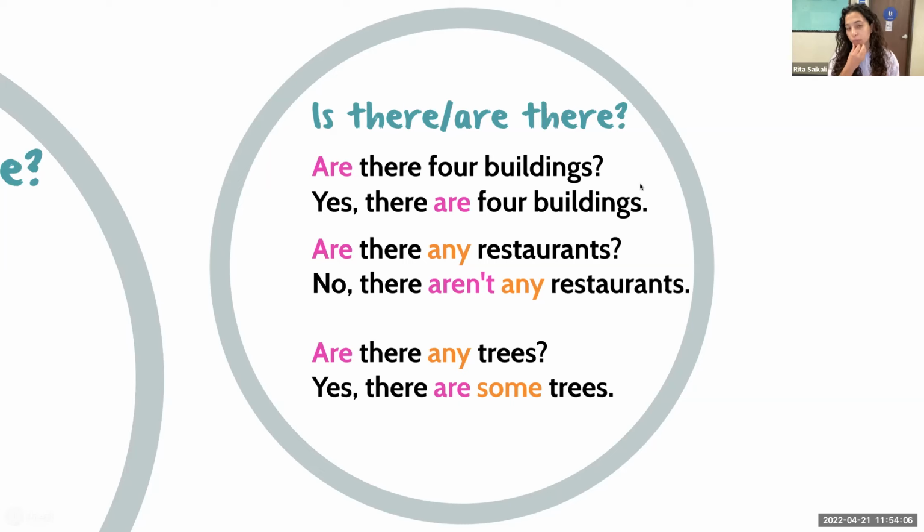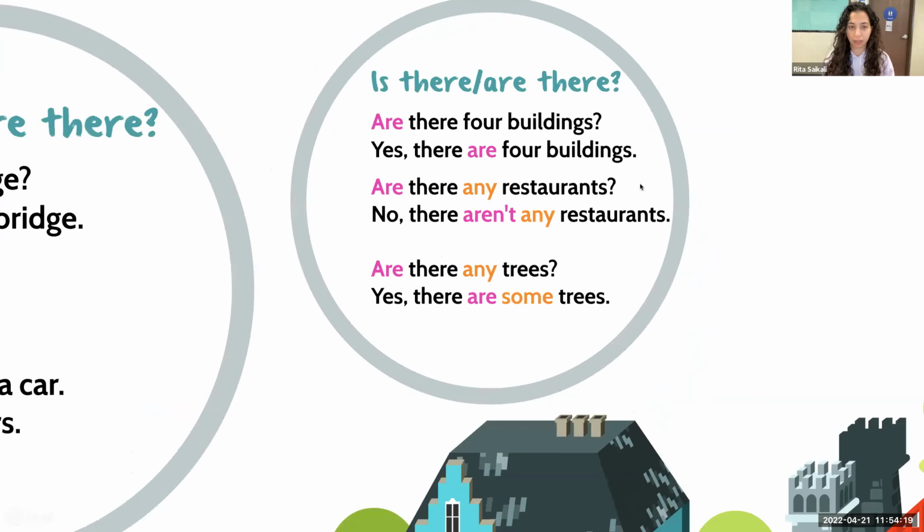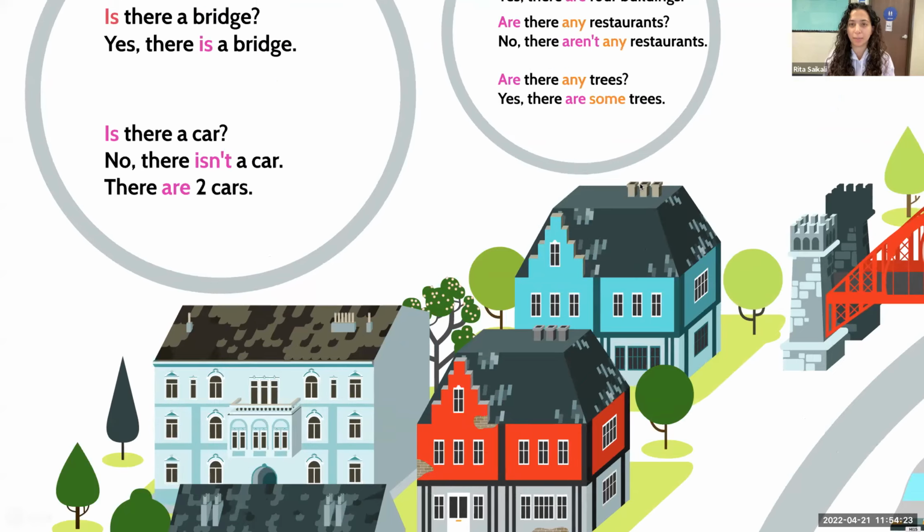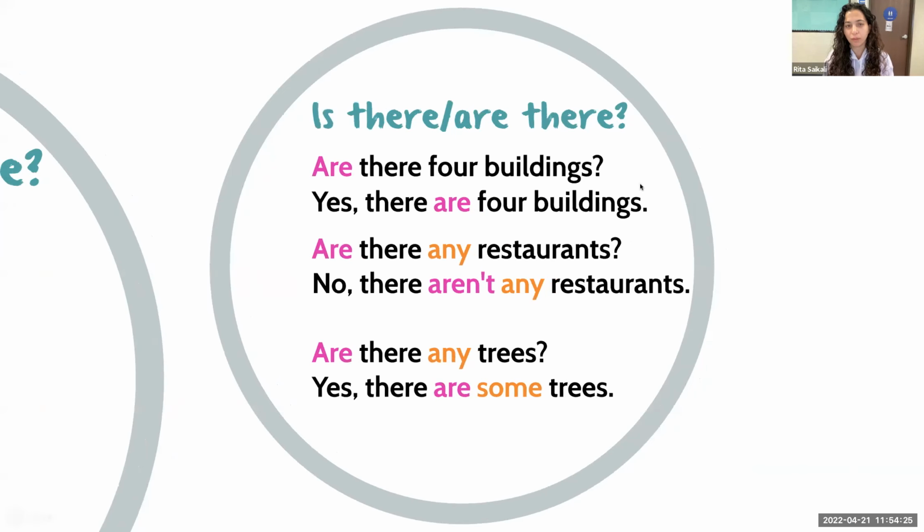Again, for the most part, it's a yes or no question. If we take out the yes or no, we can keep the answer. If we don't keep the rest of the sentence, we can just simply say yes or no. So with that added information is what I mean. For example, are there 4 buildings? I can simply say yes.